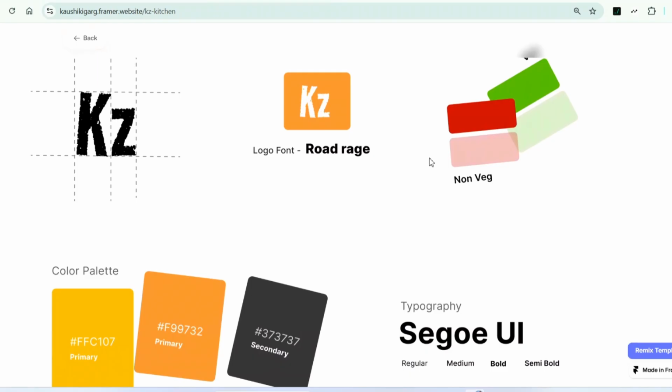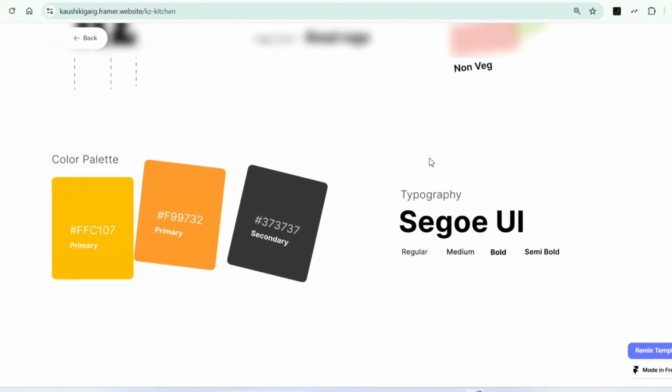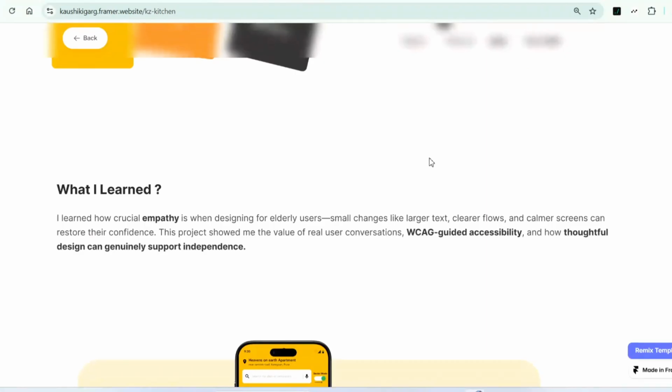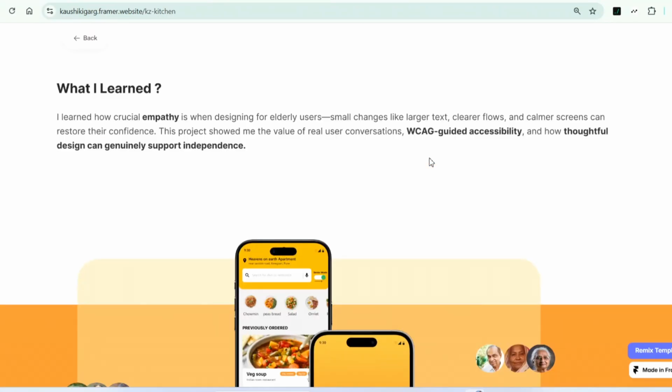So these are some of the visual assets of the app, the typography and the color palette which I used. Finally, my product is Case Kitchen, which you just saw, and this whole project was related to empathy.